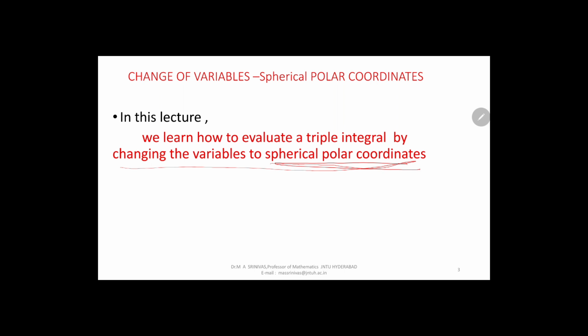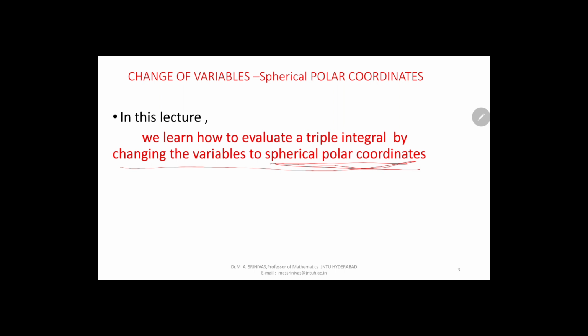In cylindrical polar coordinates, we have the references as one is the origin, another is the z-axis, another one is the polar axis. Those three are the references. If you take a point in space, from the origin it will have some distance. That distance will not be considered in cylindrical polar coordinates.